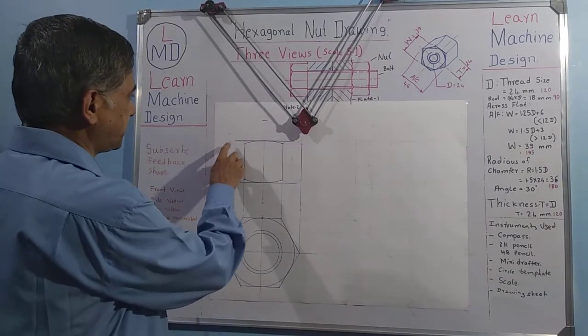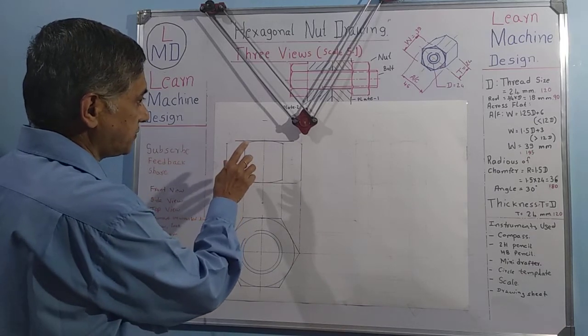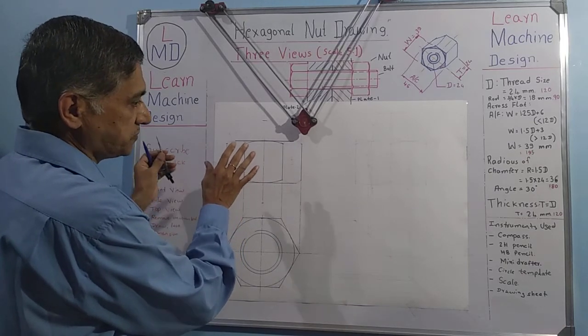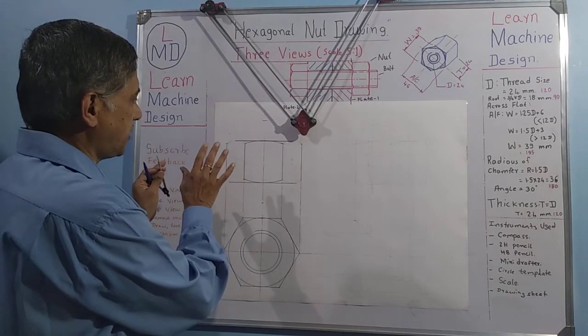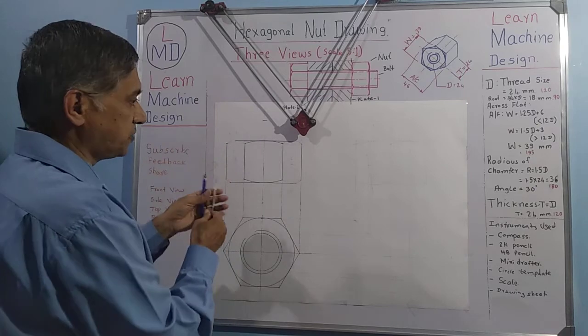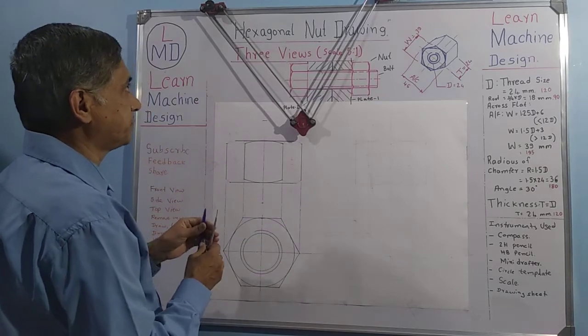To draw this, take this radius. For the small circle we can use the circle template. Here I will show how to draw it, using this compass.